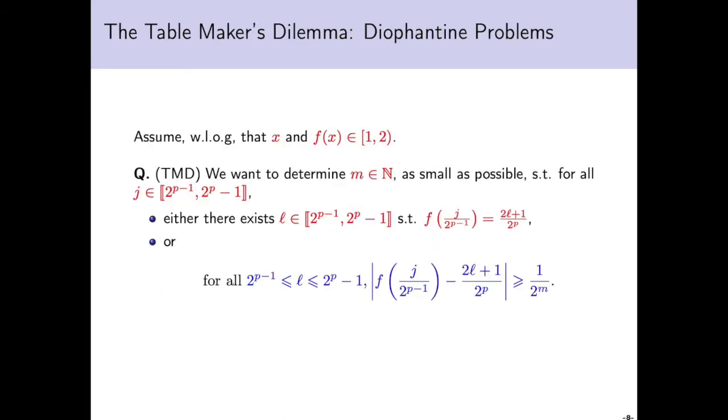So if I go back there, we expect that m should be 2p plus something small, but m should be something like 2p. But in practice, proving this bound is very difficult.